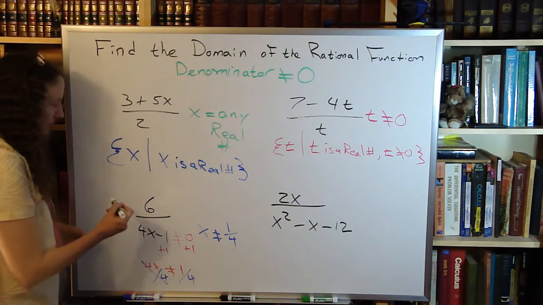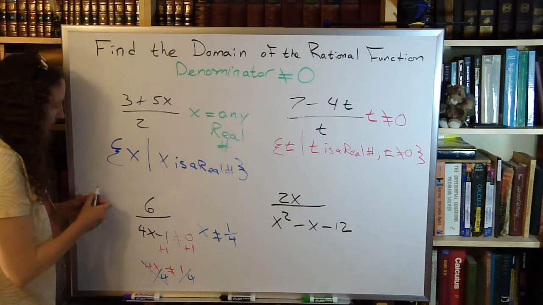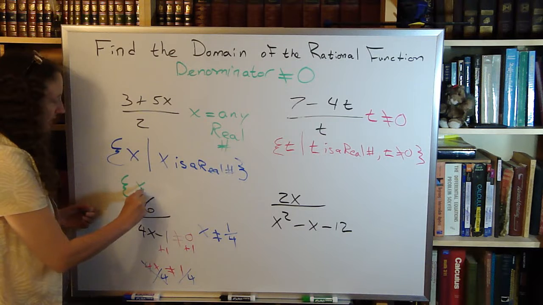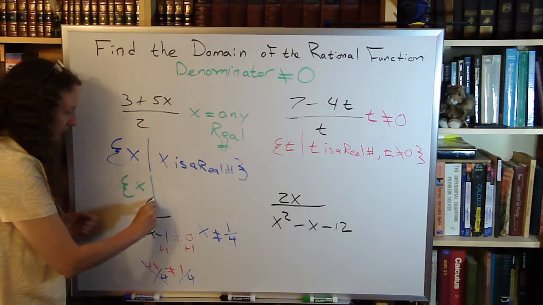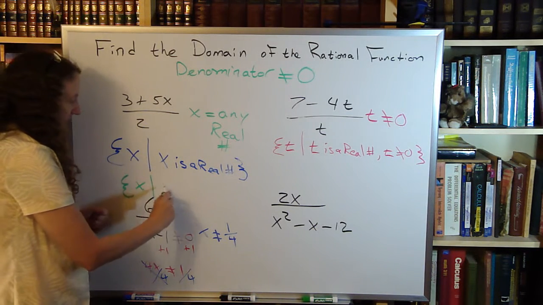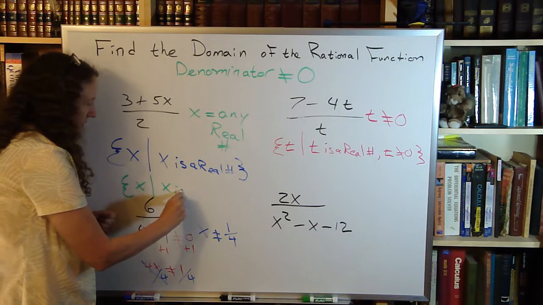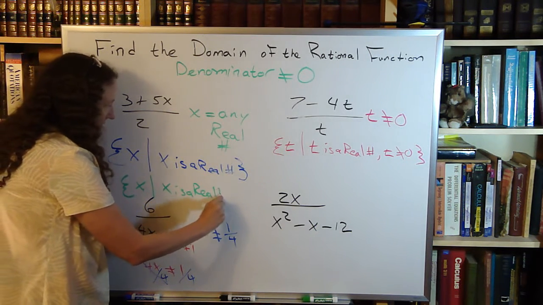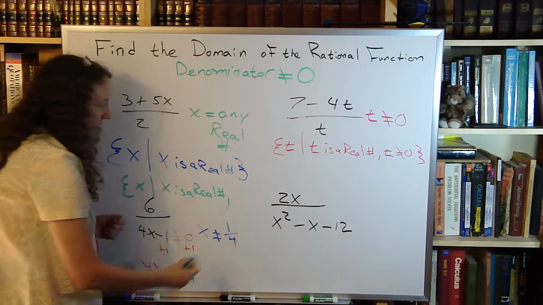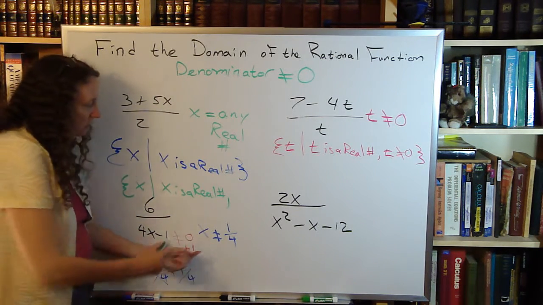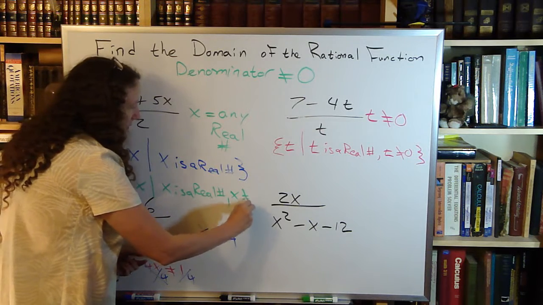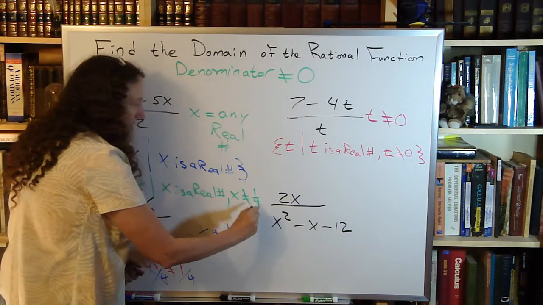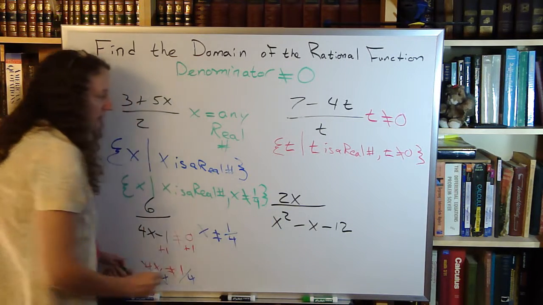So that's going to be the set of x's such that x is a real number and x cannot equal 1/4. And then I close my set notation.